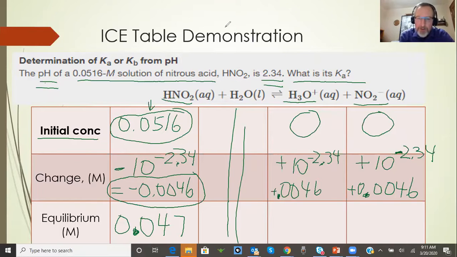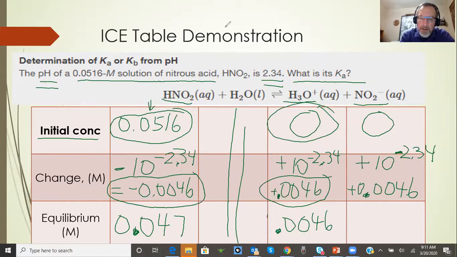Same thing over here, 0 plus that number is equal to 0.0046. And we're finishing up here. I think we'll be able to get to the end of this table, and then we're going to have to stop. At 0.0046, we have our equilibrium concentrations.